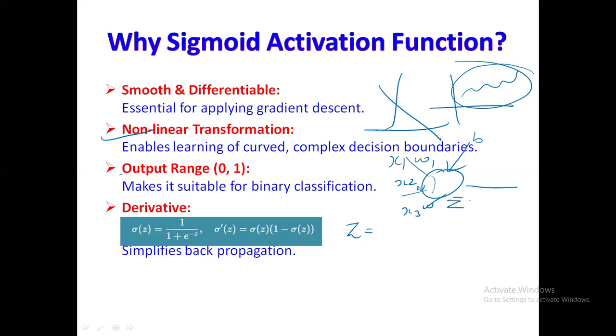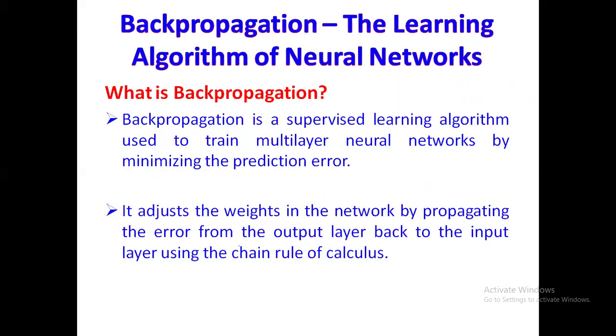That weighted sum of the inputs is the value we substitute for z. This is the binary activation, and if you differentiate it, you get sigma dash z equal to sigma z into 1 minus sigma z. It simplifies the backpropagation, which we will see one by one.